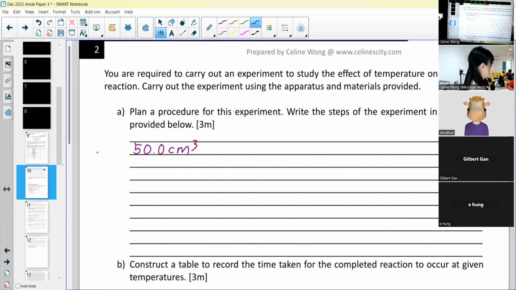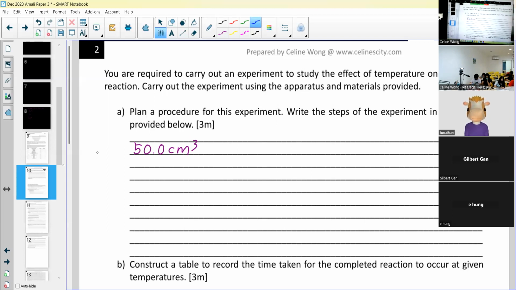What happens if let's say tomorrow no white towel? You just say place it on the table. Okay, cool.